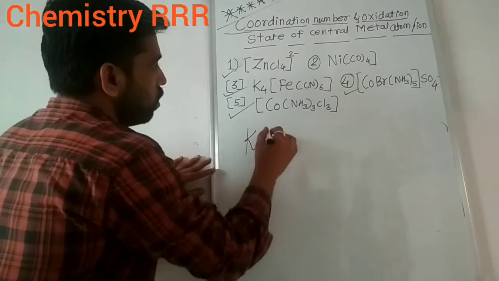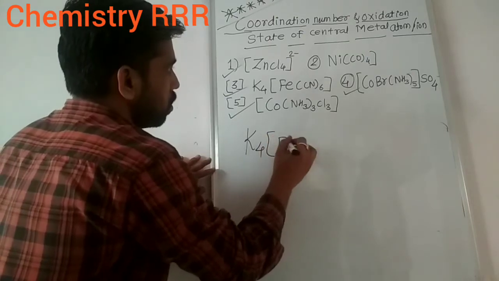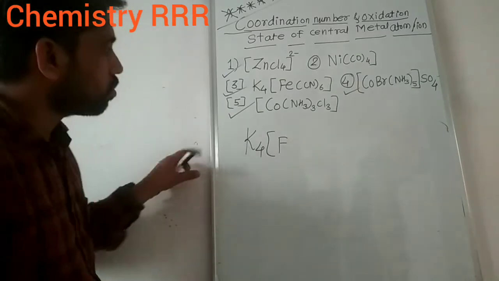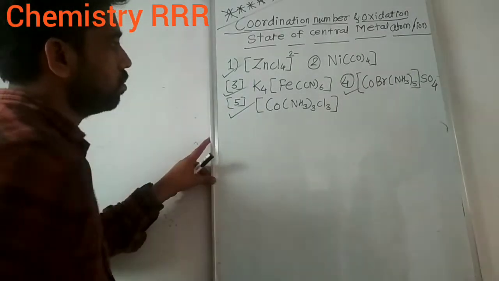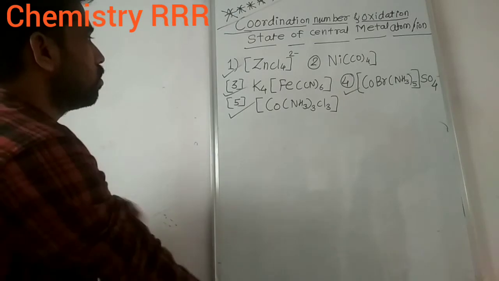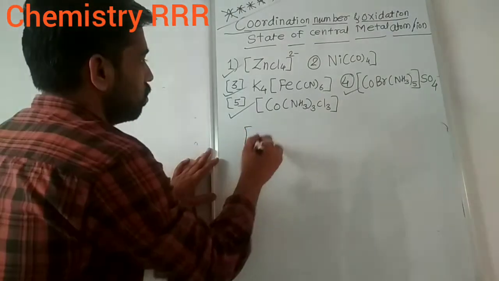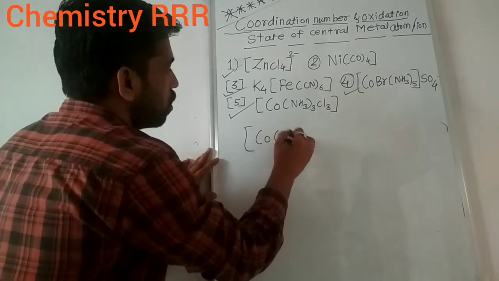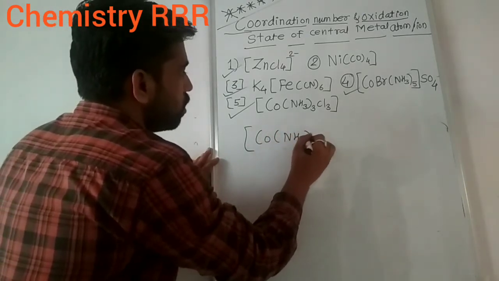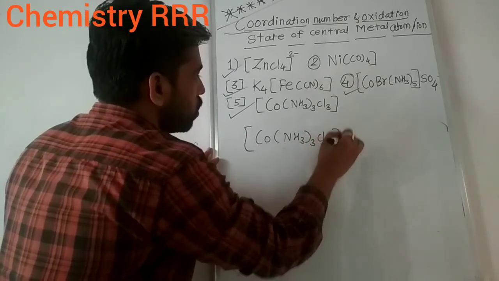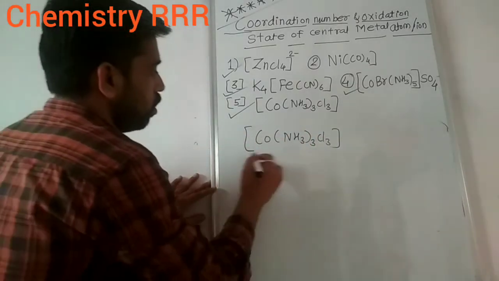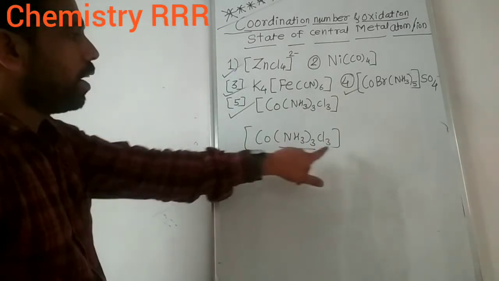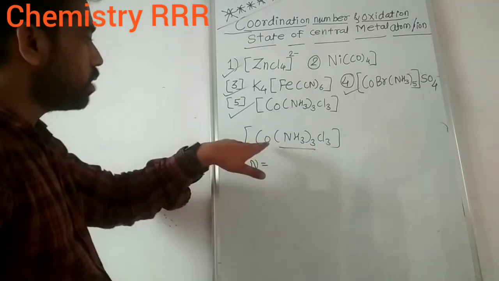Cobalt, ammonia thrice, Cl3. Now the coordination number of the central metal atom: 3 ammonia and 3 chlorido ligands are attached to the central metal atom.